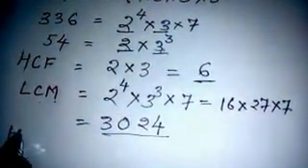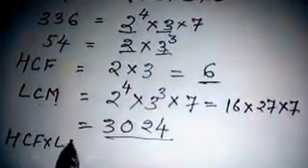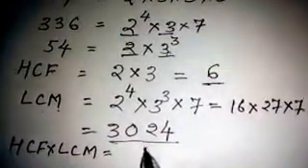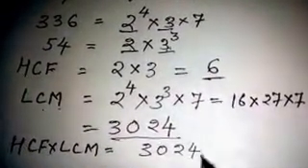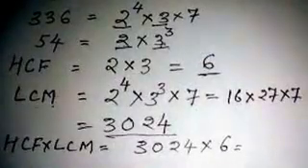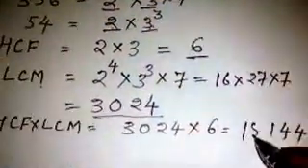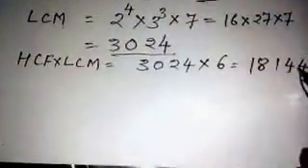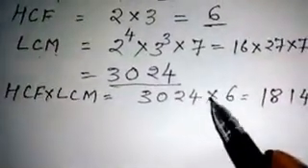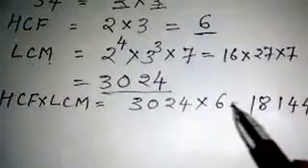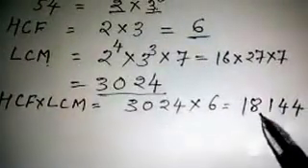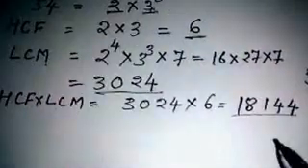So the product of these two will be 3024 multiplied by 6. 6 4s are 24, 2 carried. 12 plus 2, 14. 6 3s are 18. This is the product of HCF and LCM: 18144.